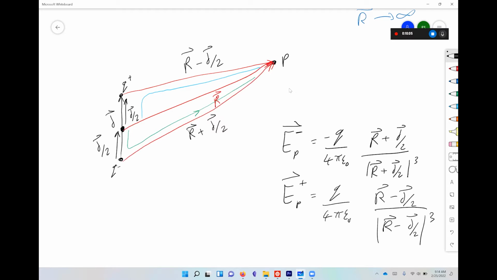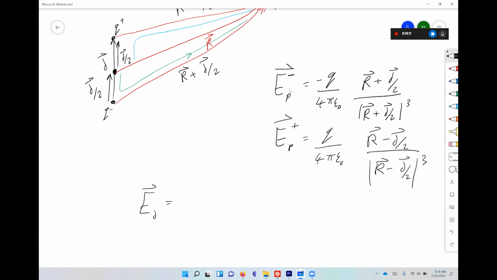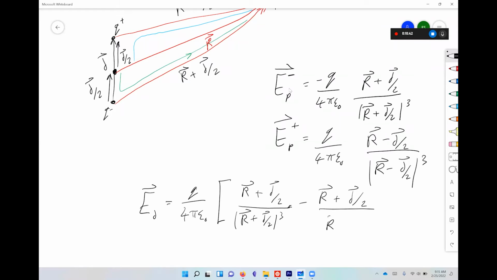And then we can sum those up together to get the dipole field. So the dipole field is going to be, I can take Q over 4 pi epsilon naught out, it's common. And then I end up with R minus d over 2 over R minus d over 2 cubed minus R plus d over 2 over R plus d over 2 cubed.